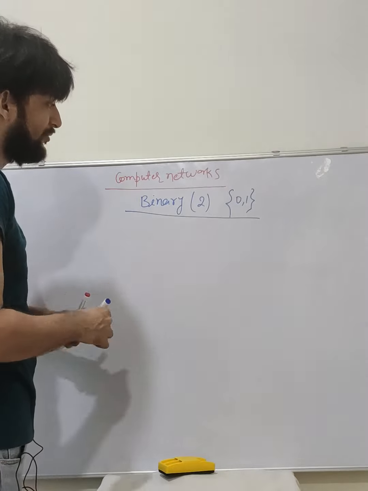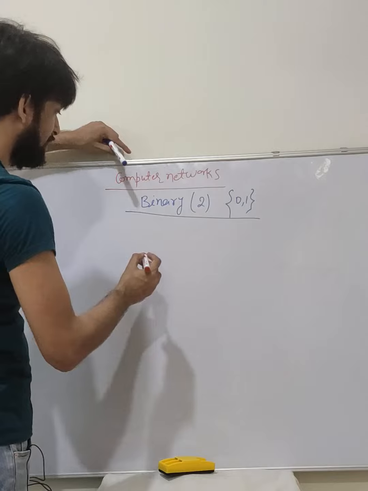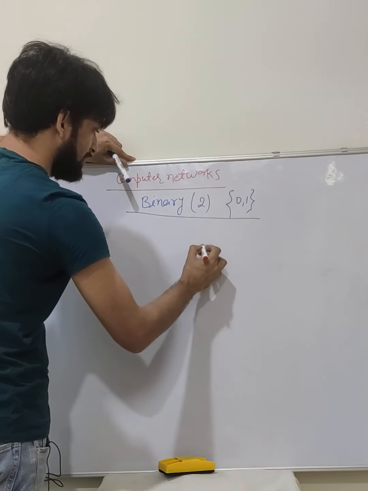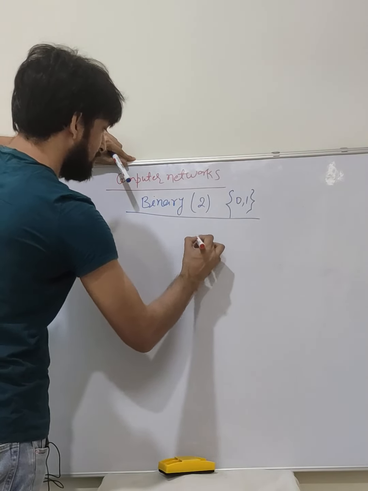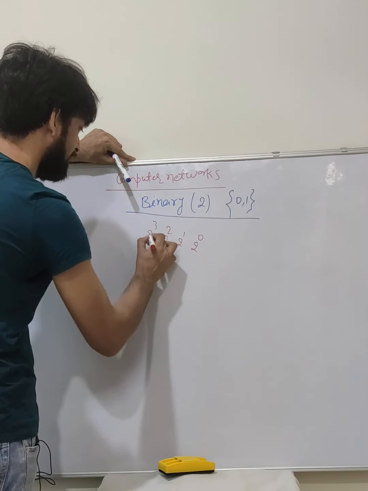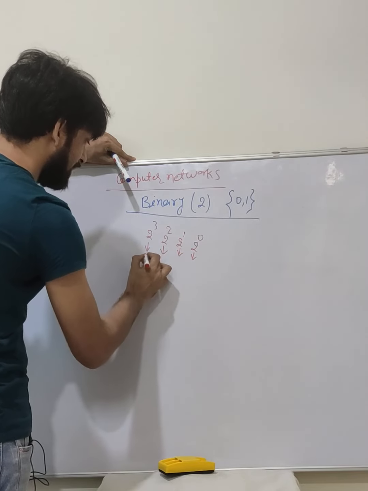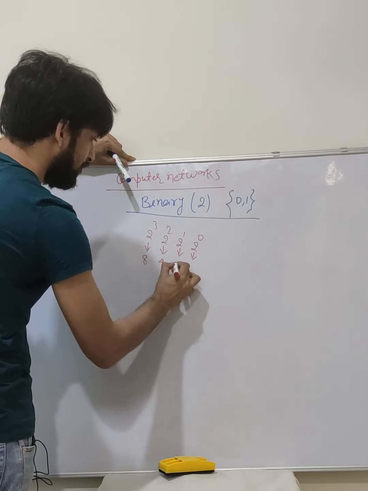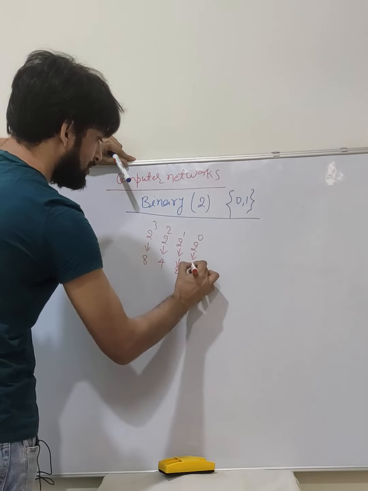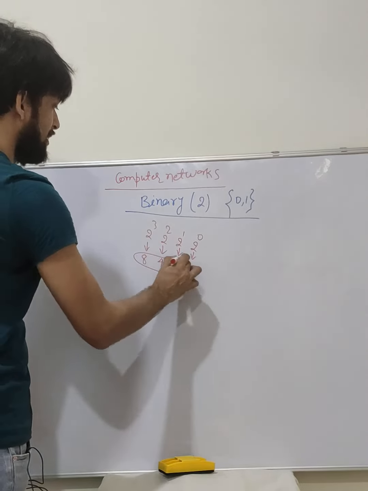The easiest way is this: write the sequence 2 to the power 0, 2 to the power 1, 2 to the power 2, 2 to the power 3, which means 8, 4, 2, 1. This sequence is important.